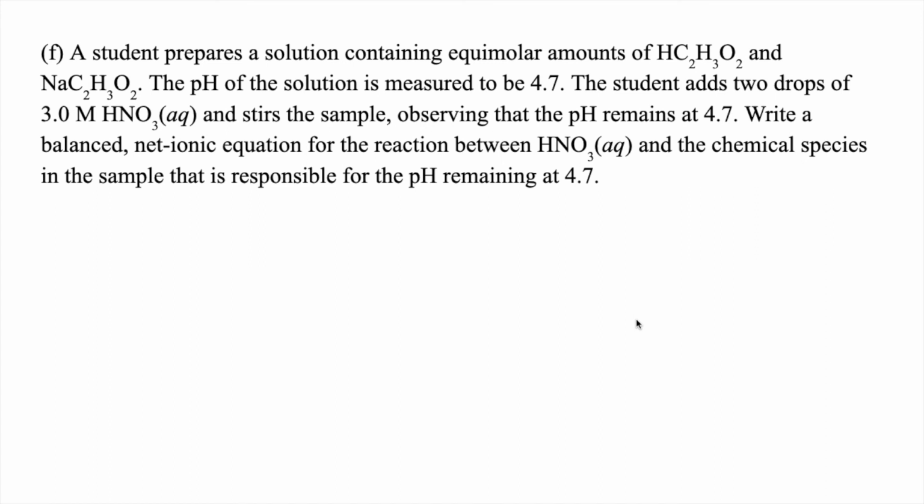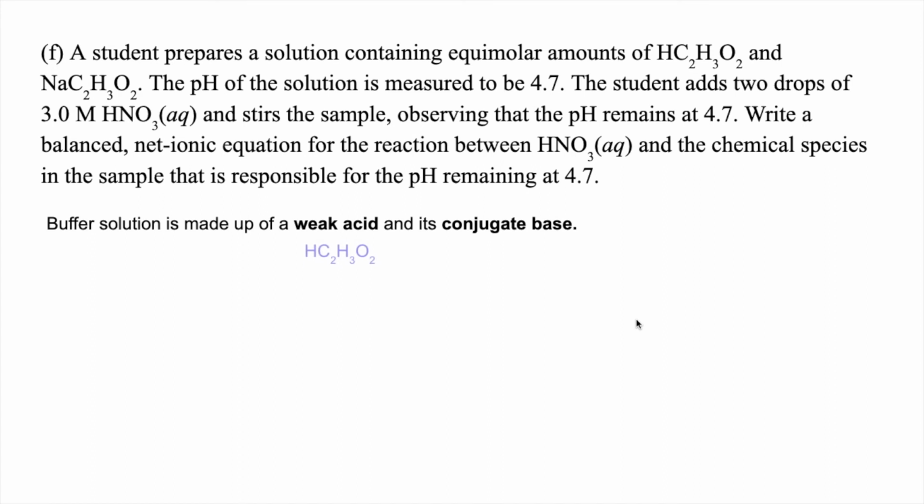The first thing we have to realize about this question is that it is asking us about a buffer solution. If you recall, a buffer solution is made up of a weak acid and its conjugate base. In this case, the weak acid is HC2H3O2, and the conjugate base is C2H3O2-. In the question, the student adds 2 drops of HNO3.